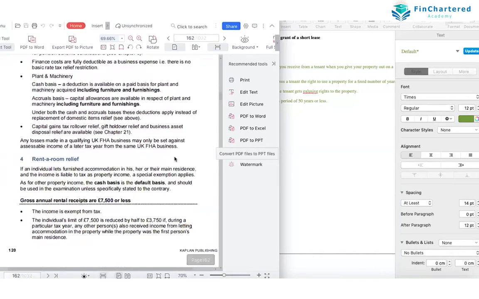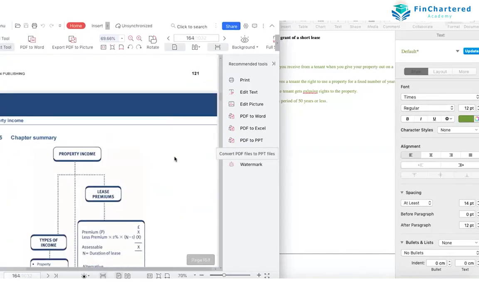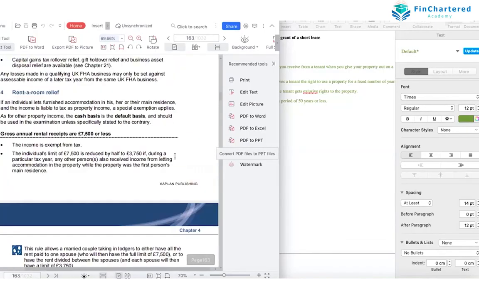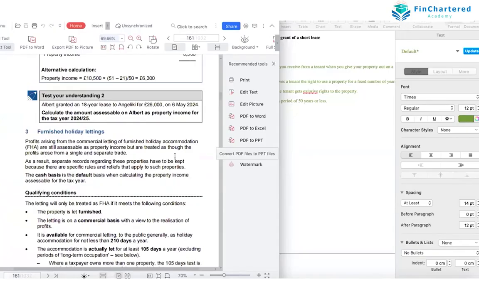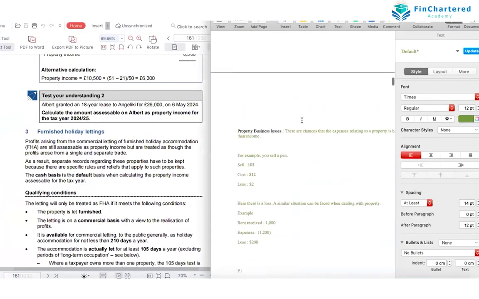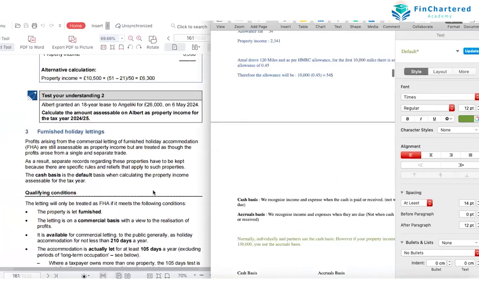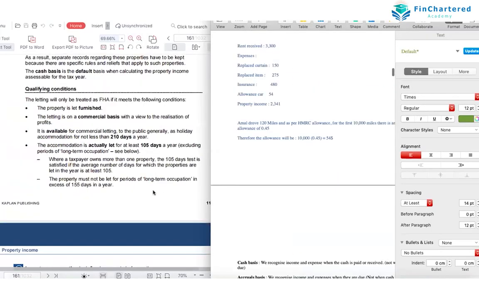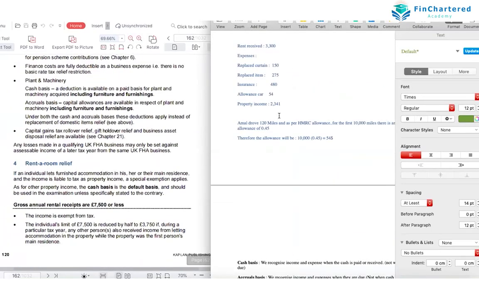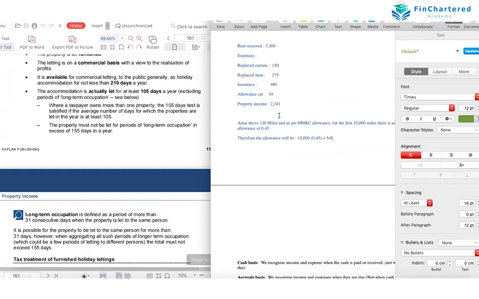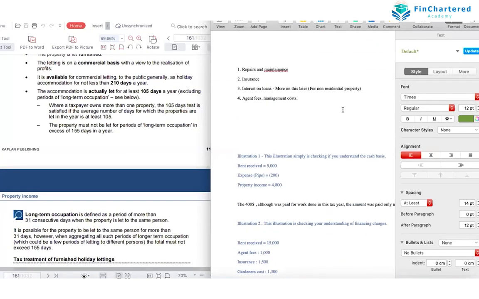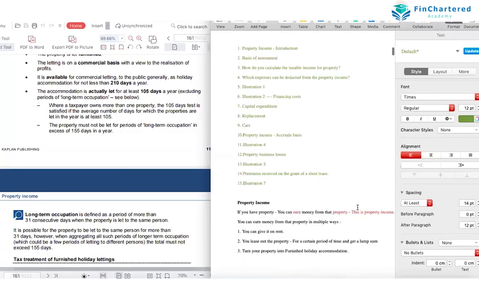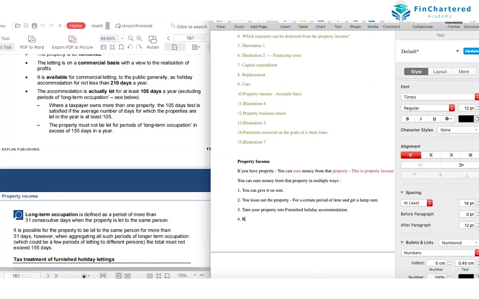Now the last part is FHA, furnished holiday accommodation. Sorry, there's one more thing, renter relief, but I'll talk to you about that in the end. So you can say this chapter is broken into 4 parts. The fourth part is renter relief.